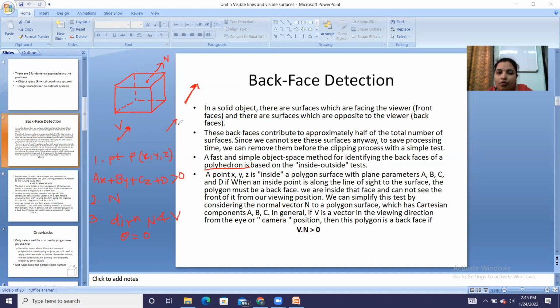Now, after watching the direction or the angle between these two, what is the conclusion made? So conclusion is made that if the angle between N and V is lying between 0 to 90, then the face is not visible, or we can say it as hidden.